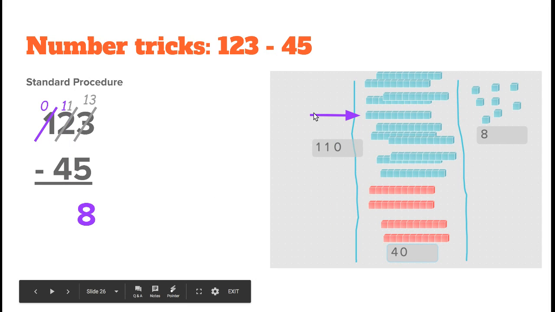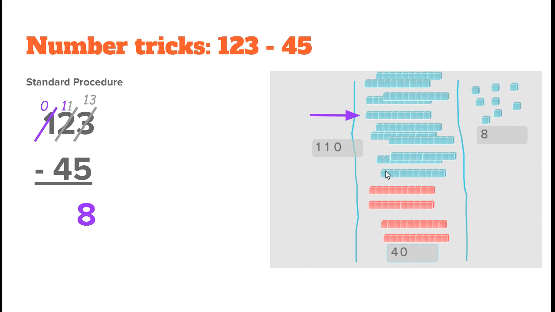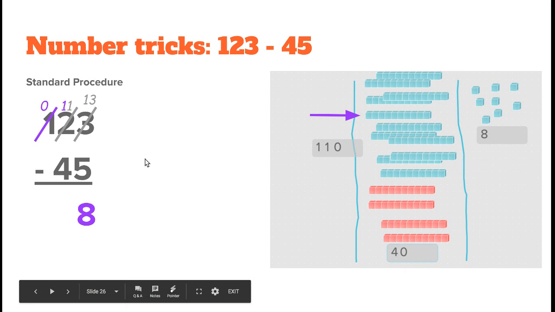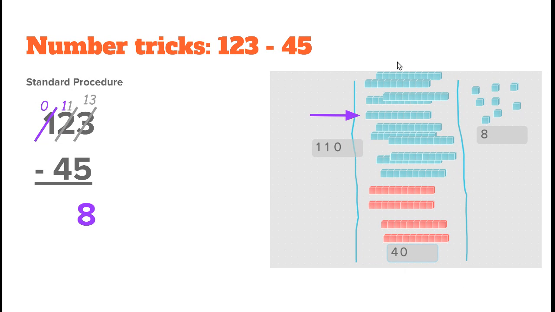Okay, we can continue with the same step. I can actually take that 100 block and I can trade it for 10 tens, which I've done here. And that's effectively what's happening when I take this 100 block and trade it for 10 tens. Again, I've got 11 tens. There's my 11.